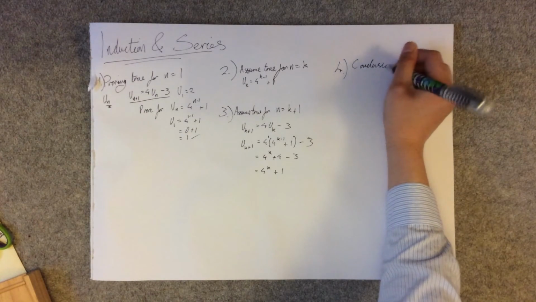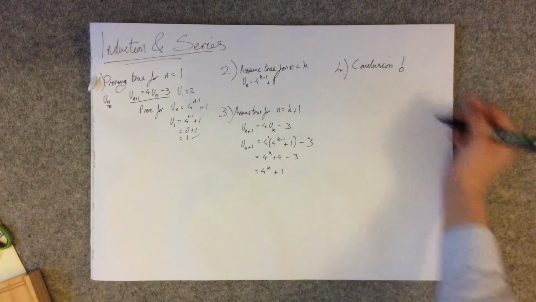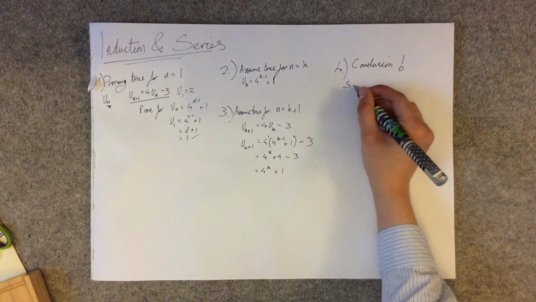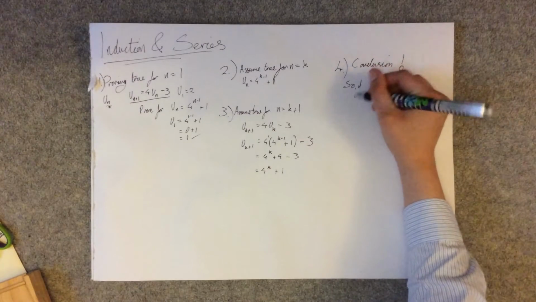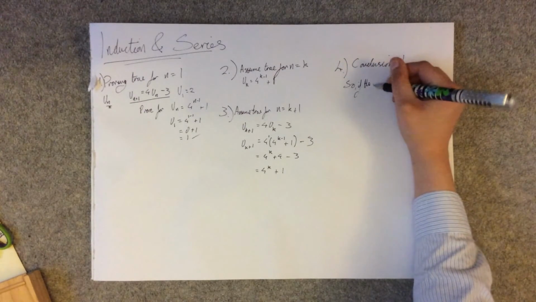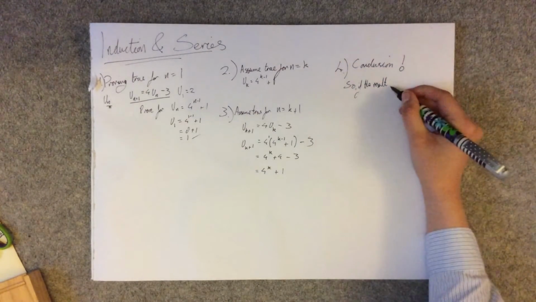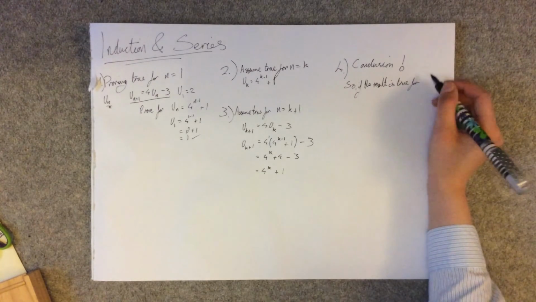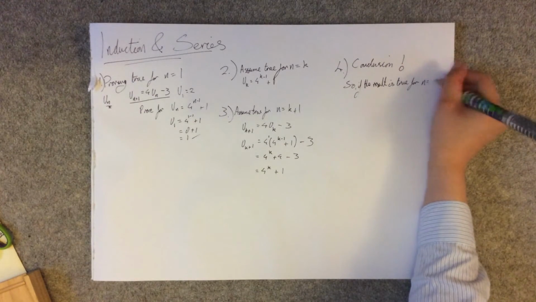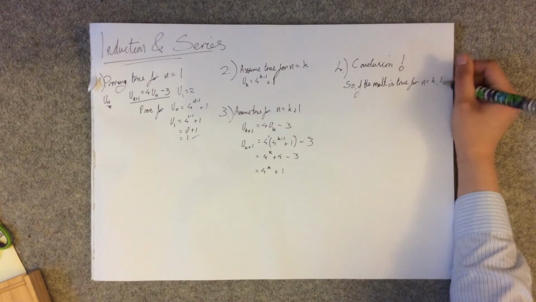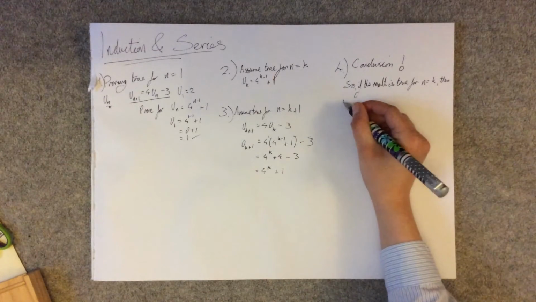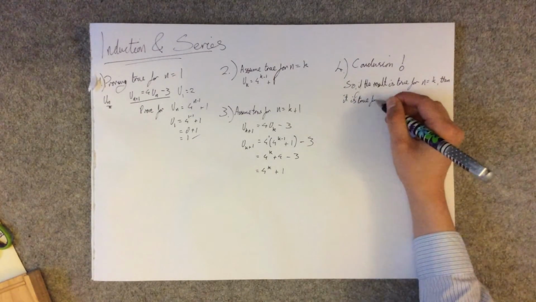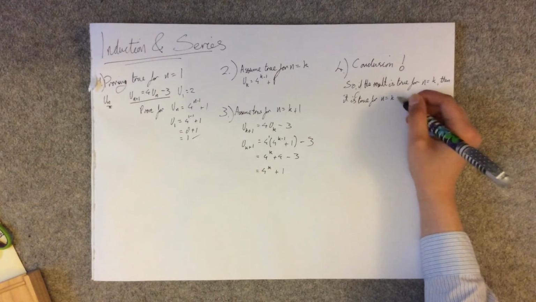And step 4, conclusion. Woo! All you have to write is, if the result is true for n equals k, then it is true for n equals k plus 1.